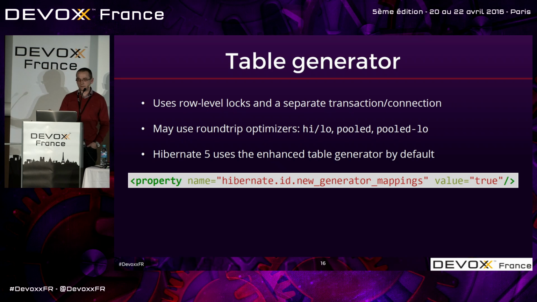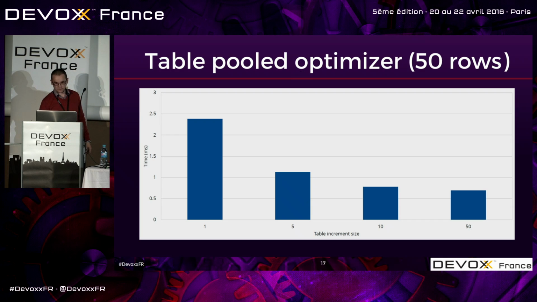There are still optimizers for it, but even if they optimize, it's still going to be much slower than identity and sequence. So yes, the optimizers work, but we can see it's still a bit higher for 50. Even if we go with one database round trip, it's around 0.5 milliseconds, which is quite a lot.